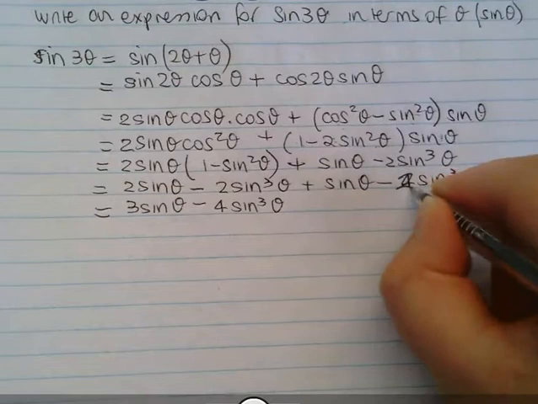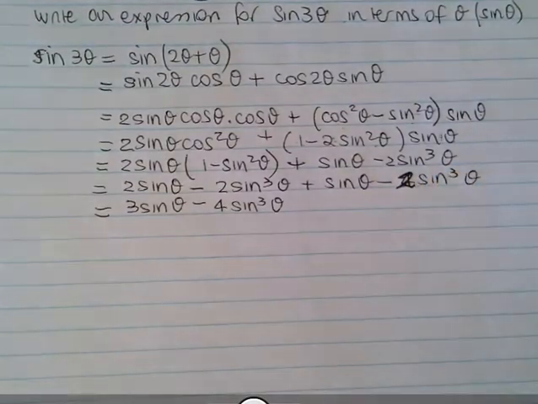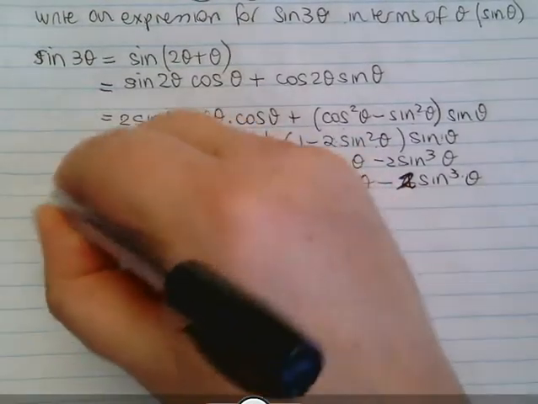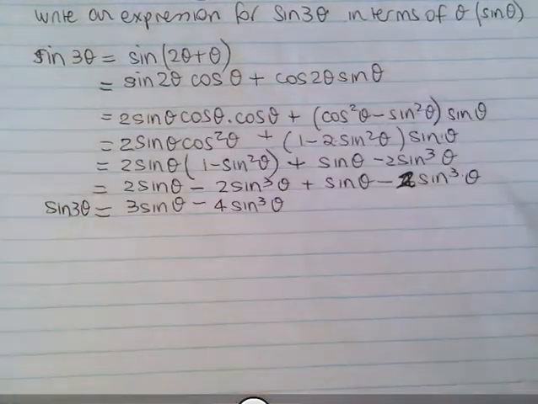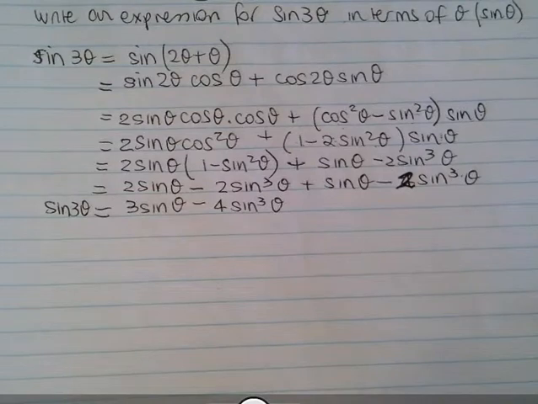Sorry, it's 2, because I'm thinking of the result being 4. So minus 2 sine cubed theta there. And then the result is sine 3 theta. So this is our result, that sine 3 theta equals 3 sine theta minus 4 sine cubed theta.